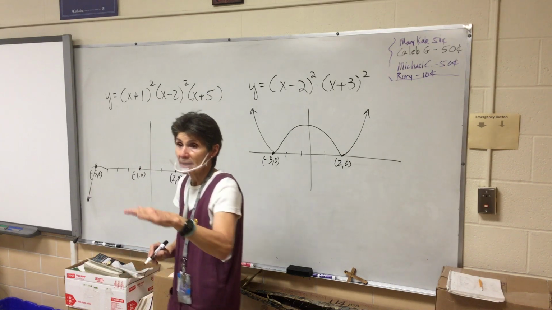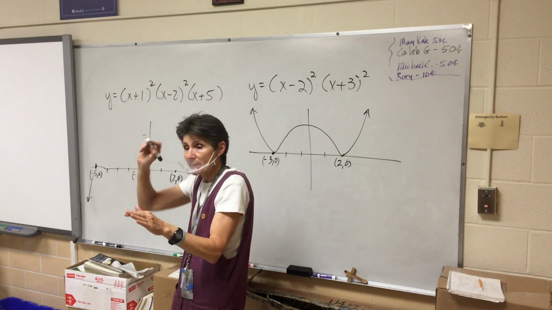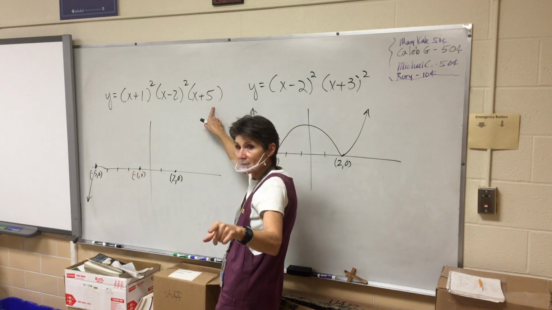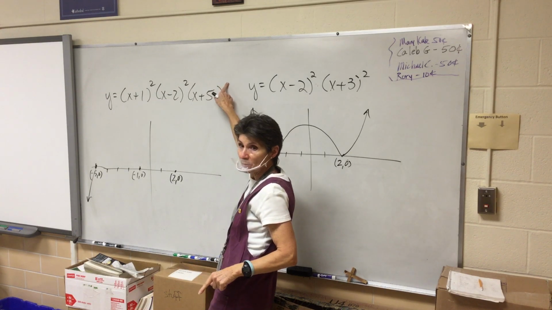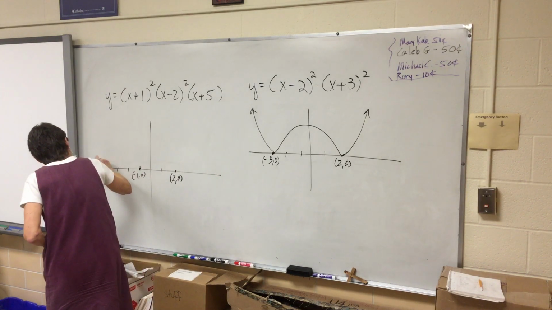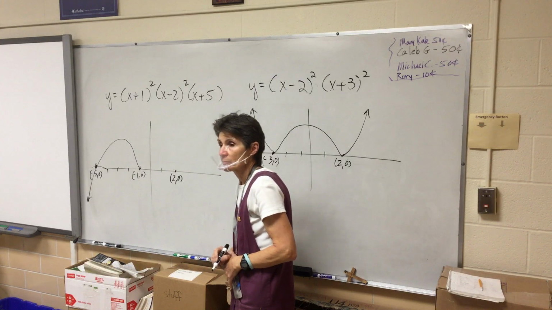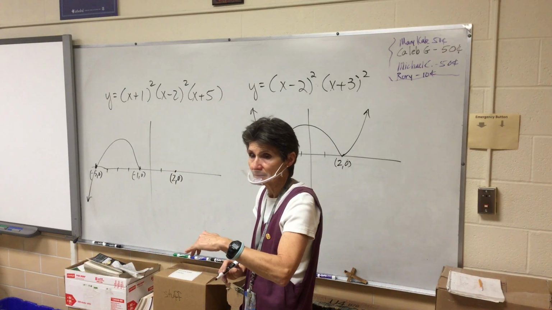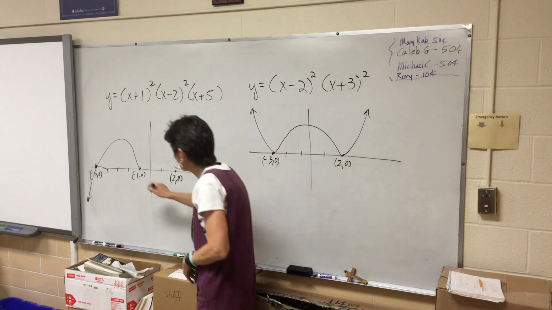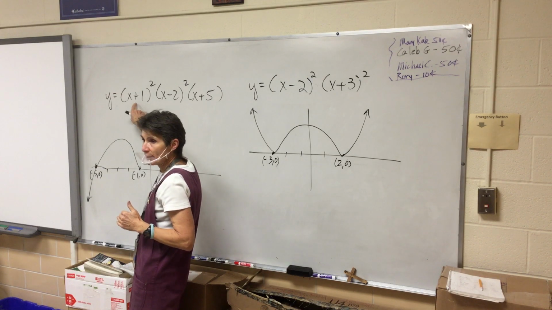Now you have a choice to make. Do you want to just zip right through it, or do you want to bounce off of it? Zip right through it. And we're zipping right through it because there's no exponent on that. So we're zipping right through the -5, turning around and coming down to the -1. Remember, they have to be connected. Now when I hit the -1, I have that choice to make. So my eyeballs zero in on this right here.